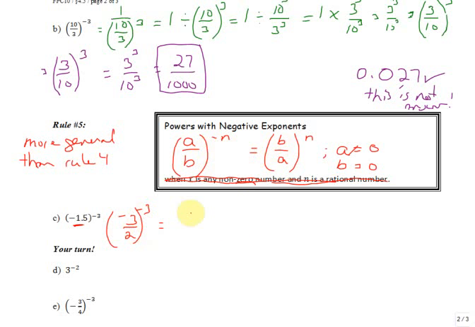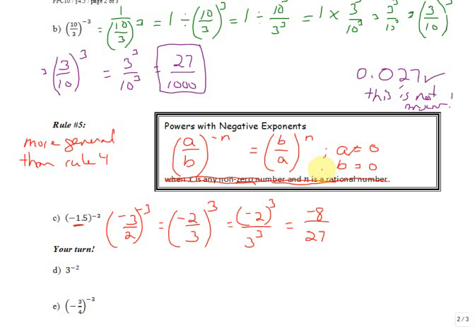This becomes 2 over 3. I have to keep the negative inside the brackets, and the negatives float up, so that becomes -2 over 3. I'm changing the sign on my exponent, so that becomes to the 3. So this becomes (-2) to the 3 over 3 to the 3. These brackets are really important on the -2 because the whole thing is being cubed, not just the 2. So this becomes -8 over 27.